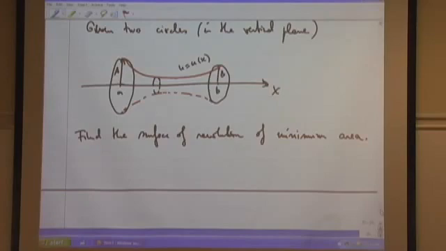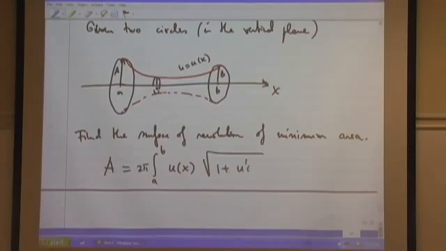The surface area of such a surface of revolution is given by the integral from a to b of 2 pi u of x, where u is the displacement of the top at location x, or if you want, the radius of the cross section at location x, times the square root of 1 plus u prime of x squared.